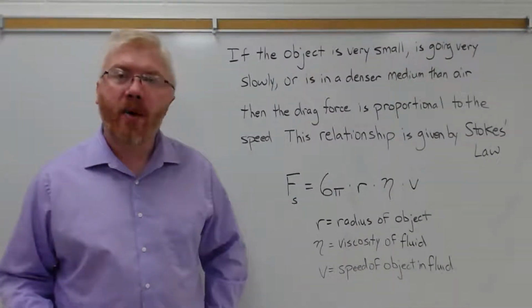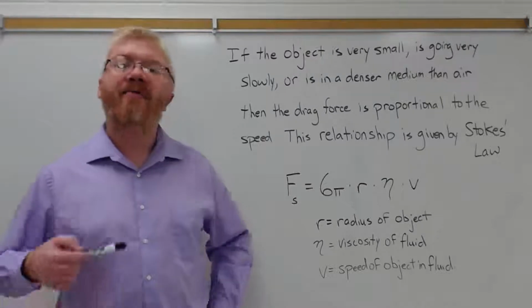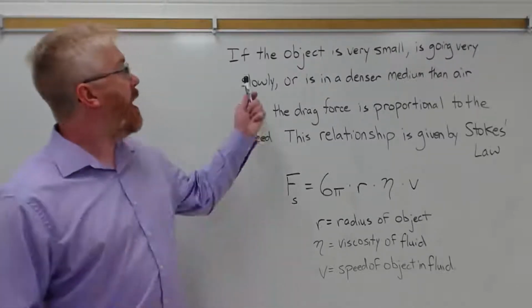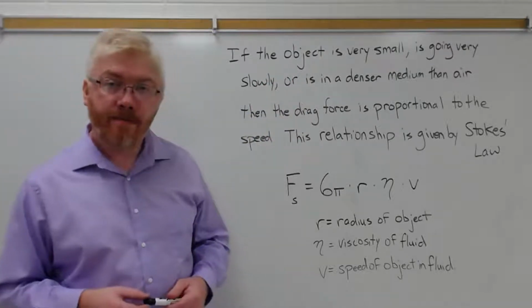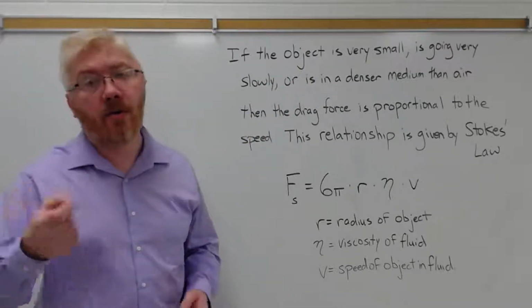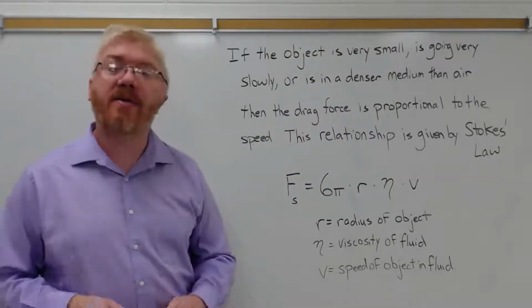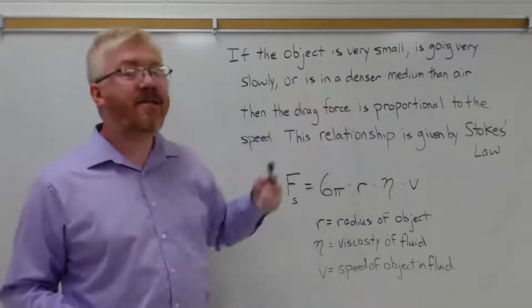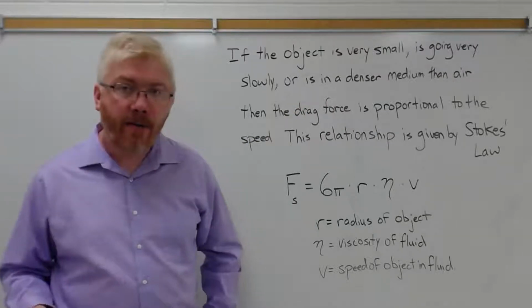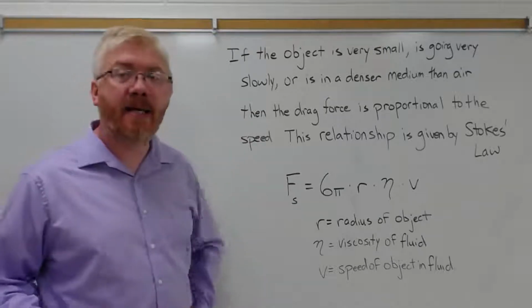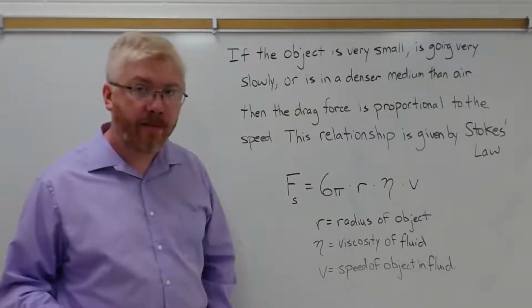The previous drag equation largely works with fast-moving, larger objects moving through air. If the object is very small, therefore has a very small radius and also small mass, and is going very slowly, so it has a very slow speed, or is in a denser medium than air, then the drag force is proportional to the speed, not the speed squared.